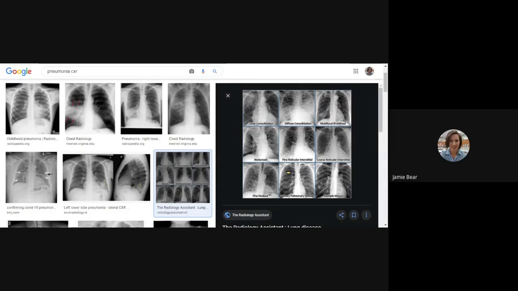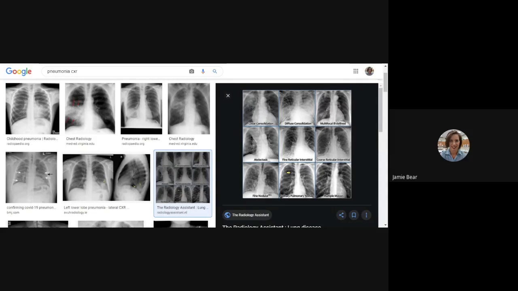So if you look at it, a consolidation will be in one area, okay? Whereas if you have something like congestive heart failure that leads to pulmonary edema, it would be on both sides, okay? And here's a picture of atelectasis, so just collapse of lung. Here is a nodule, they're smaller, and here's a larger mass.